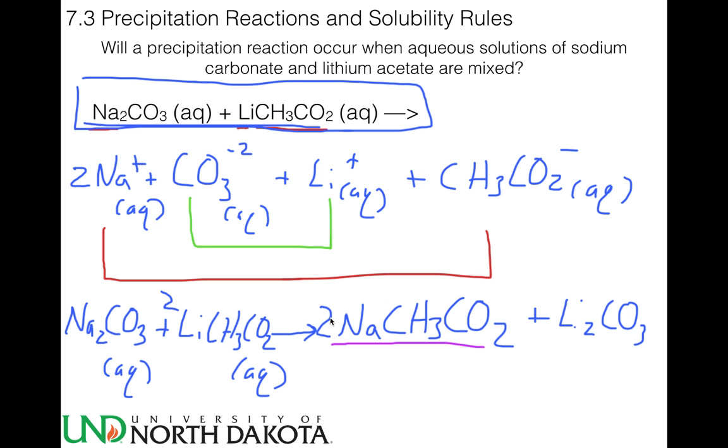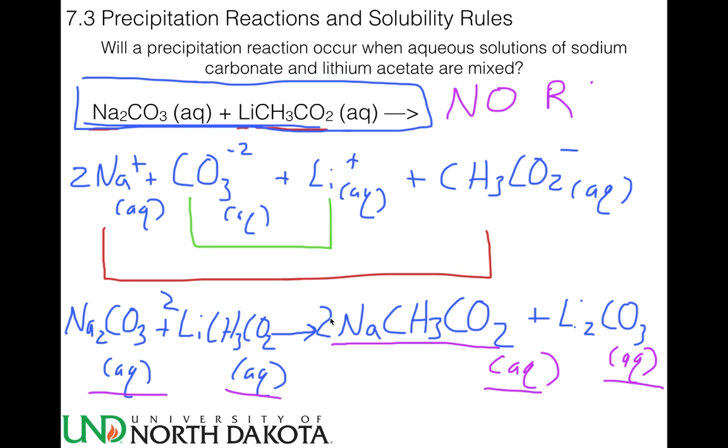On our product side, we have aqueous sodium acetate, so it's going to be aqueous. And we also have lithium carbonate. Compounds with lithium are always soluble, or always aqueous. And so because we have 4 aqueous ionic compounds, this is said to have no reaction.